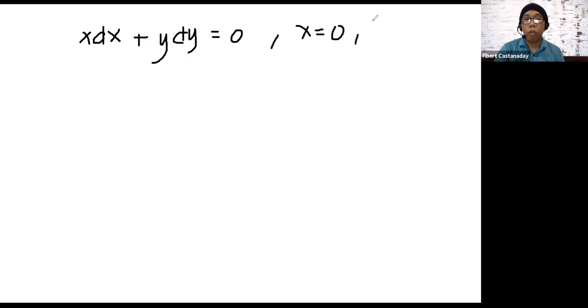Okay, the given is a differential equation: x dx plus y dy equal to 0. This is a pure function of x and a pure function of y. You have a condition, guys: when x is equal to 0, y is equal to 2.